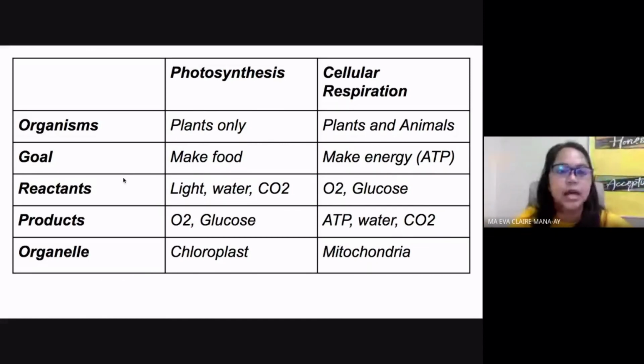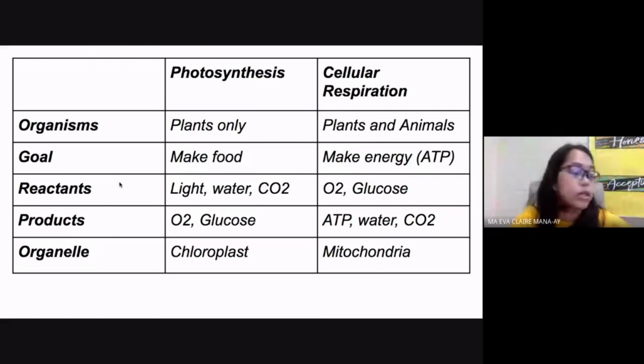The reactants of photosynthesis here, light, water, and carbon dioxide, become the products of cellular respiration. The reactants here again are the products of cellular respiration, water and carbon dioxide. ATP and light energy here, of course, they are just the same, because they are just sources of energy.